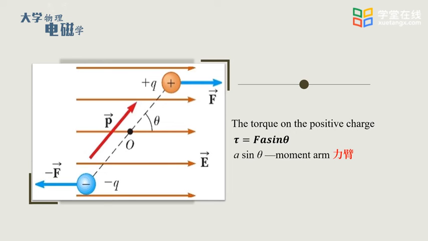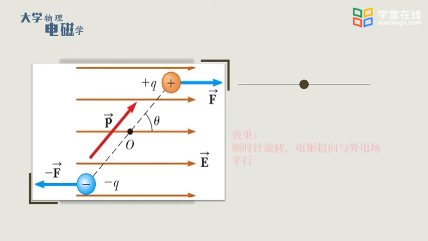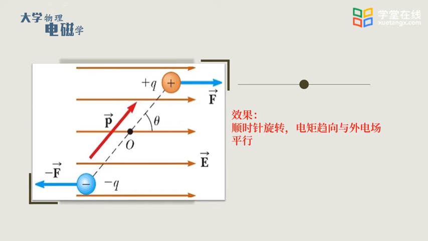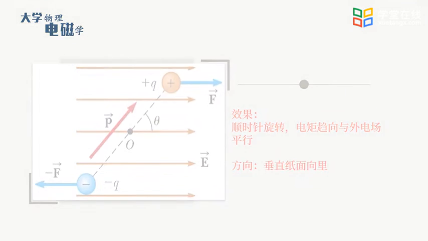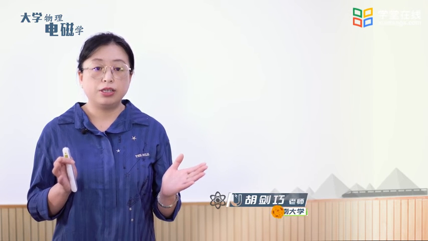where the product of a and sine theta is called the moment arm of the force about O. We could see this force tends to produce a clockwise rotation, causing the dipole moment to align with the external field. By using the right-hand rule, we know the torque is directed into the page. We have the same effect for the negative charge.